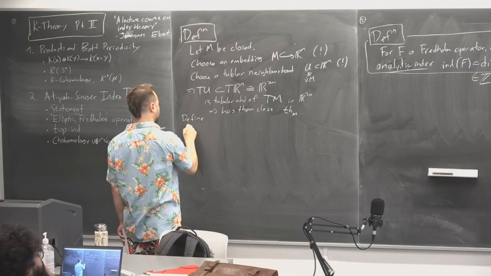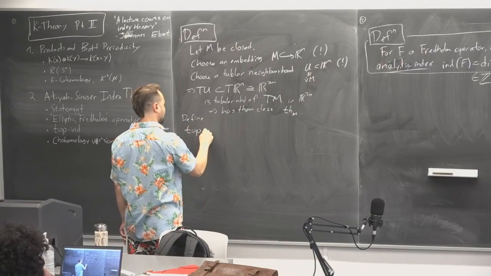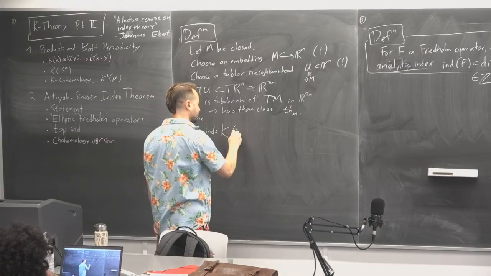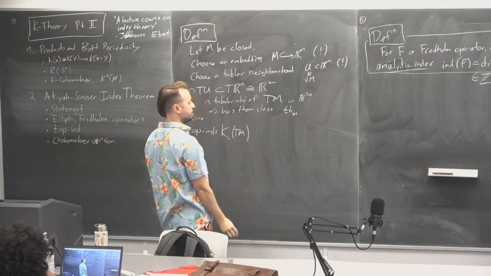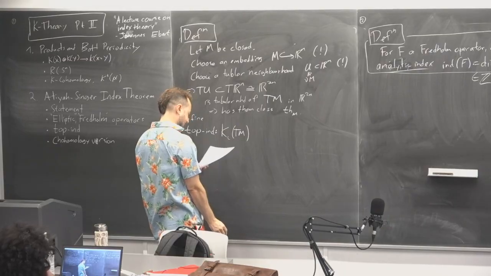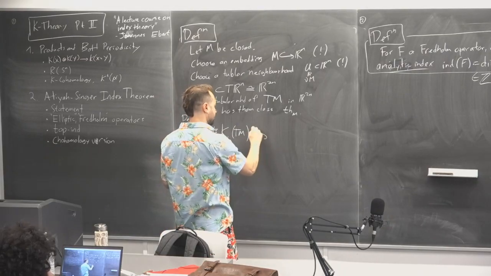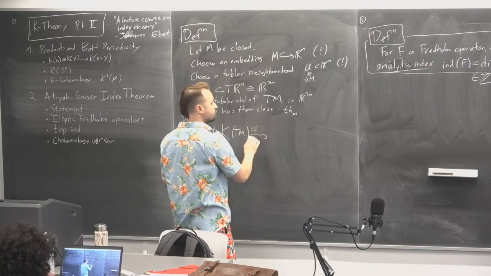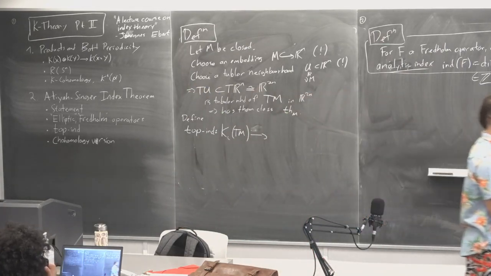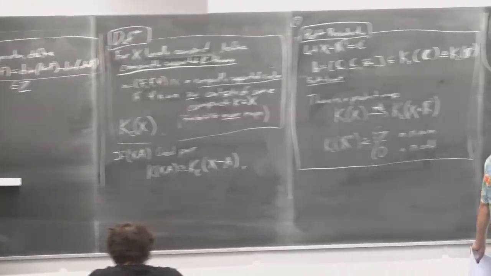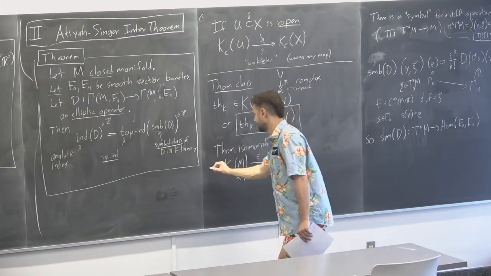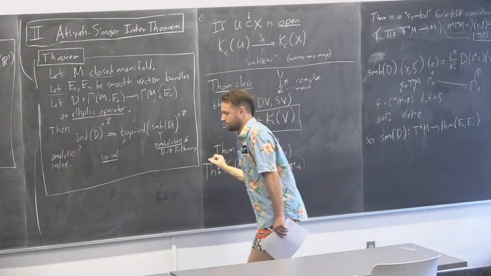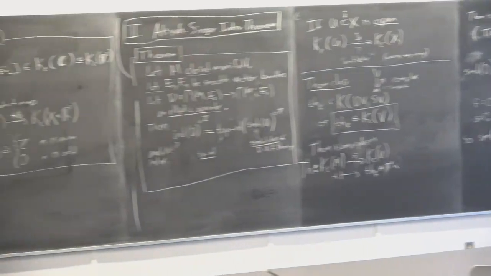We're going to start at the compactly supported K-theory of the tangent bundle of M, and then via the Thom isomorphism, which I should give a name. I should give a different name to the isomorphism versus the class itself. I'm going to call this big TH. Okay, sorry about that again.